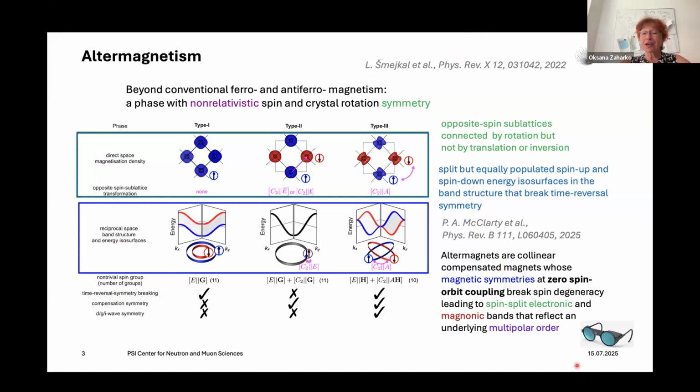And here I decided to put on these goggles because Jairo this morning did, I think, a very nice allegory, not allergy, to what one sees with different methods. When we look at the magnetic order with the dipole approximation, we see these nice arrows going up and down, and we are talking about opposite compensated magnets. But if we put on another pair of goggles, then probably we would see a bit richer physics, not only a dipole part, but more.